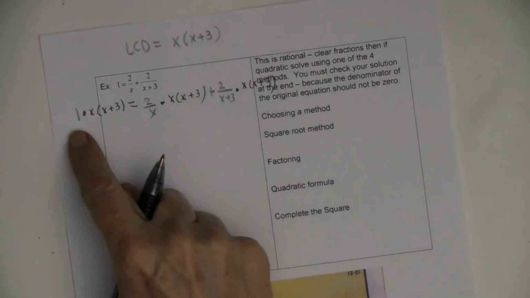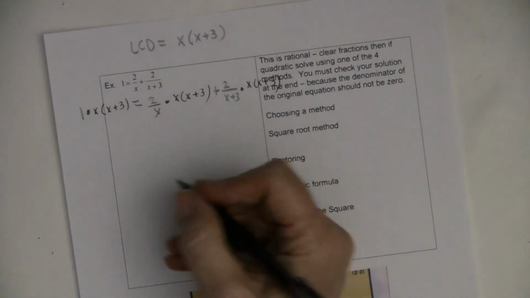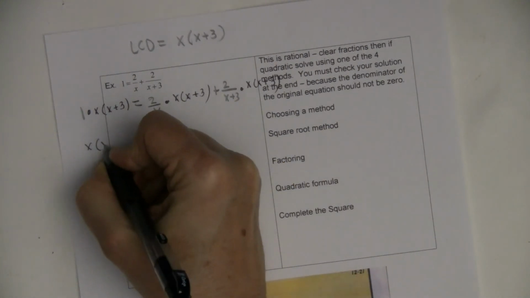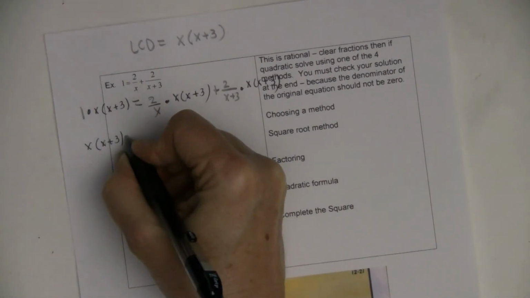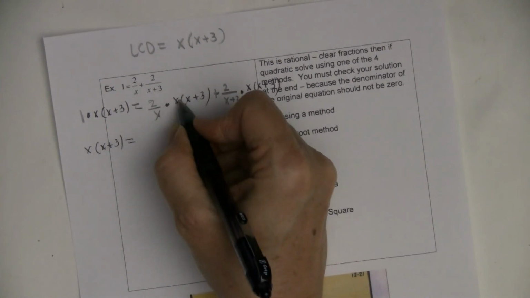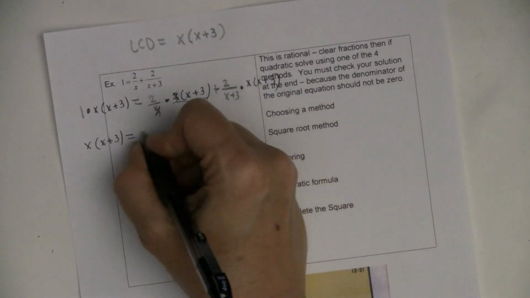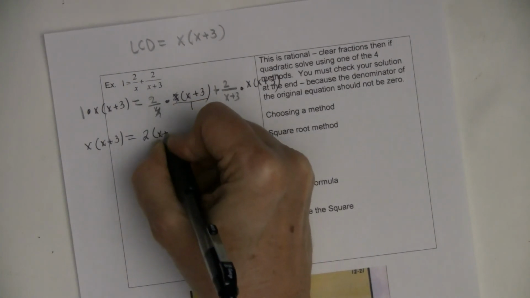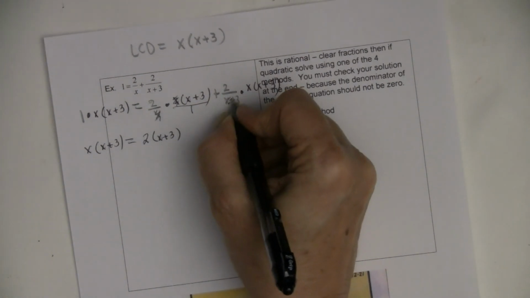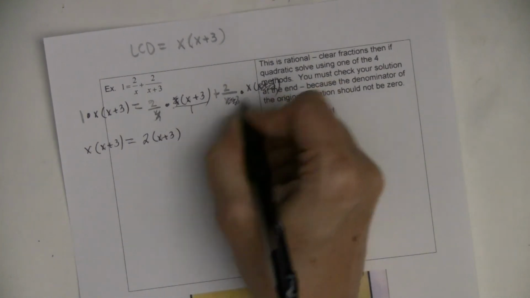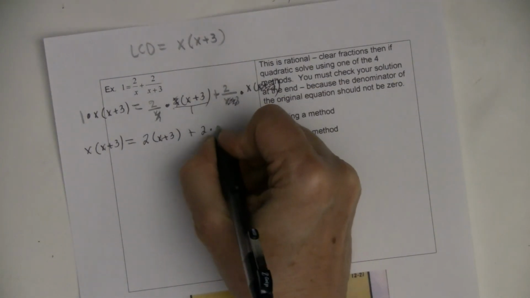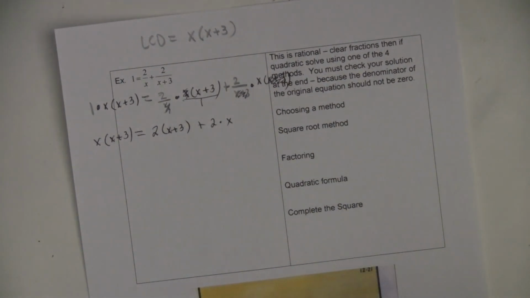So when you multiply 1 times x, you get x. So this is x times x plus 3 equals, and then the x here and the x there, this is over 1, cancel with one another, and that's the reason I did that. And this is 2 times x plus 3. And then the x plus 3 here and the x plus 3 there cancel and give 2 times x. So now I'm looking at it, I don't know if it's quadratic or if it's linear until I multiply it together.